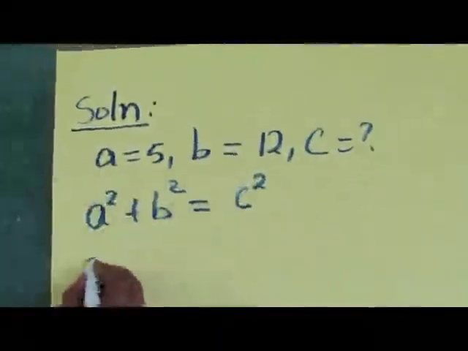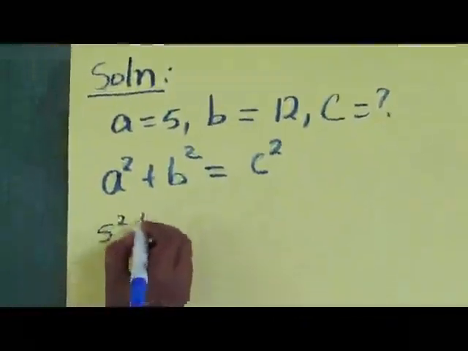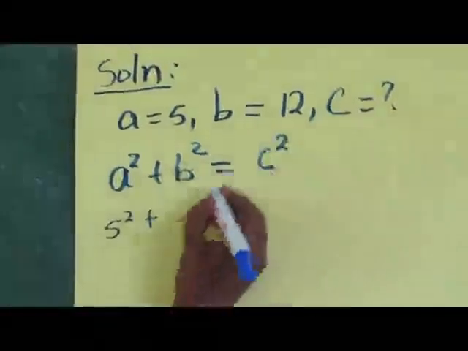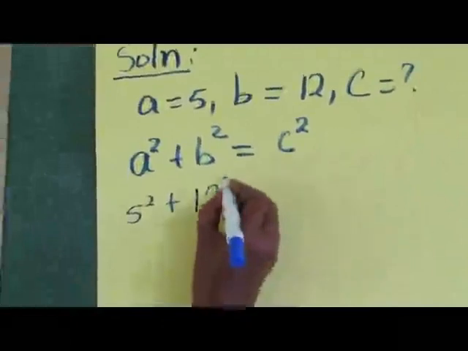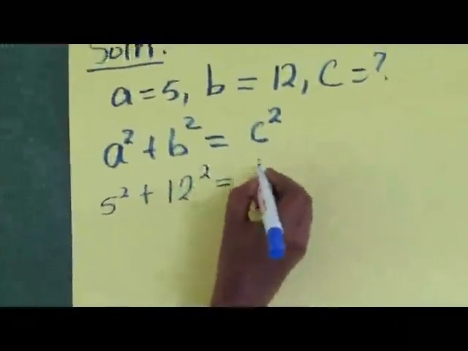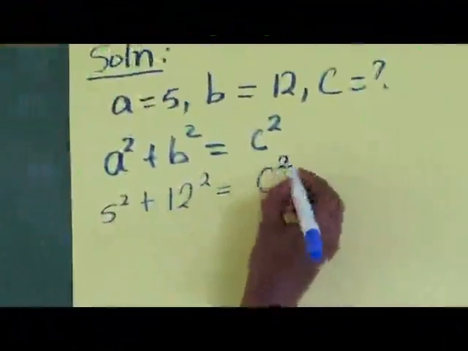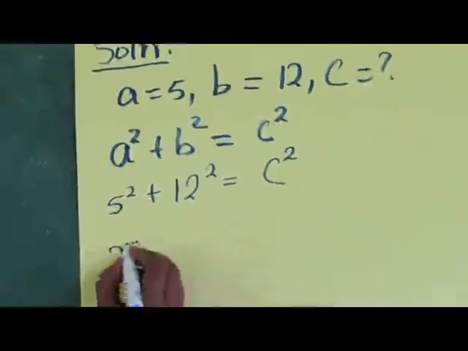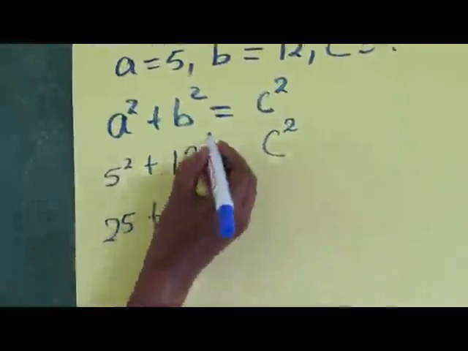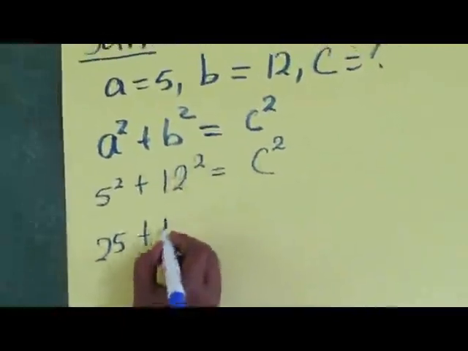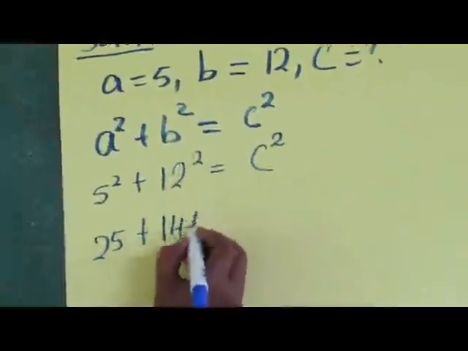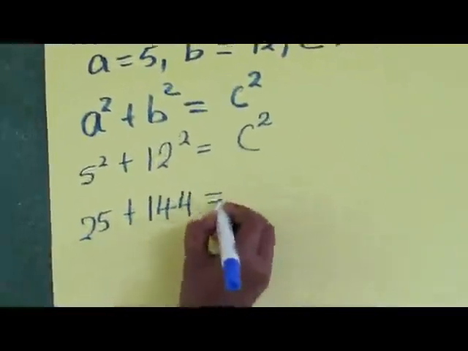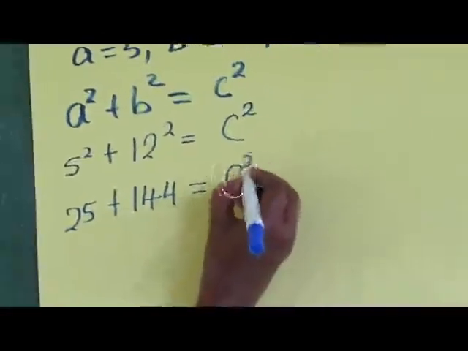Our a is 5, so we have 5 squared plus b squared, b is equal to 12, 12 squared, is equal to c squared. We don't know c. 5 squared is equal to 25. 12 squared is equal to 144, which is equal to c squared.